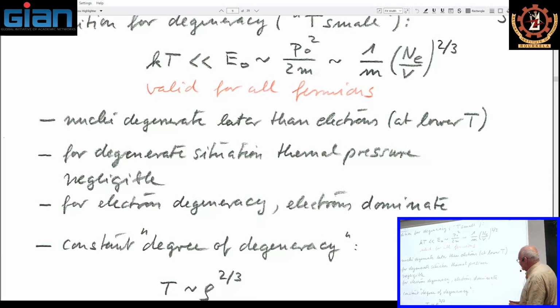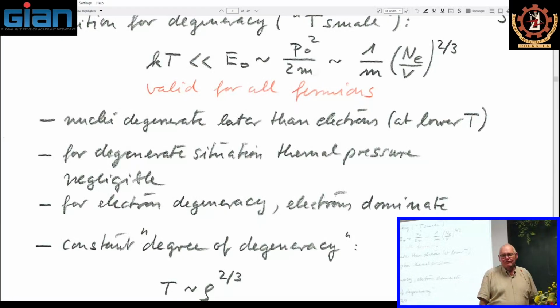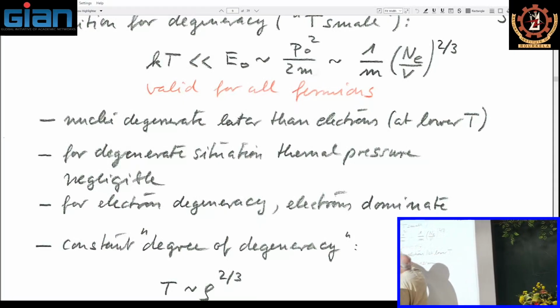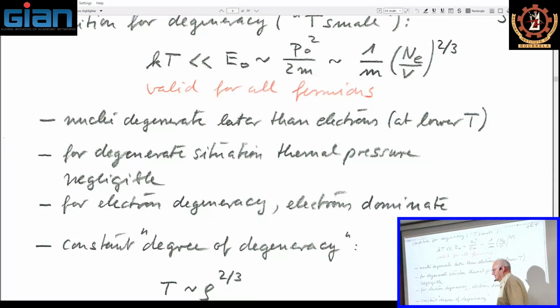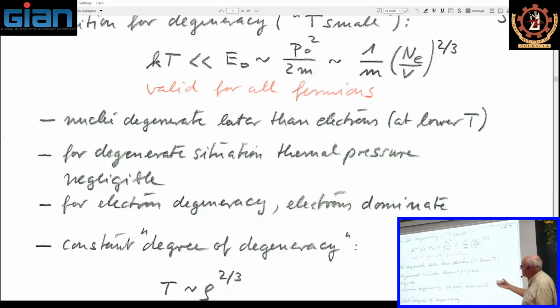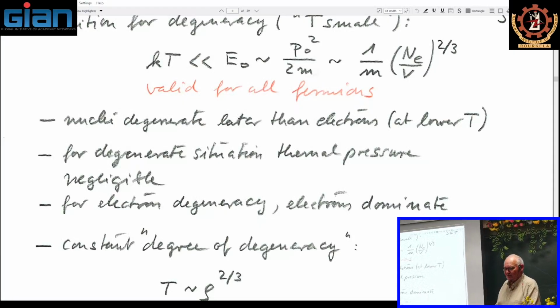Another consequence is that if we want to keep the degree of degeneracy constant, we can take the ratio of temperature to the density to the power 2/3 as constant. We can take the ratio of kT and p0 squared over 2m as an indication of the degree of degeneracy.